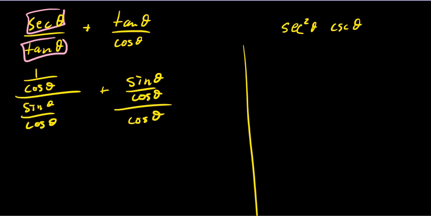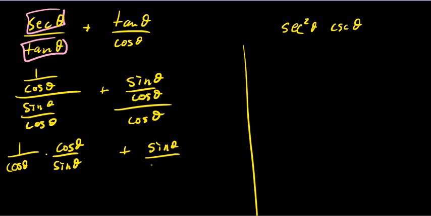Now, from this point, you have 1 over cos divided by sine over cos. And so, yeah, the coses are going to be able to be divided out. Okay, so I would suggest you show that plainly by showing this fact that you can flip and multiply this rational. Now, what about over here? This is sine theta over cos theta times 1 over cos theta.